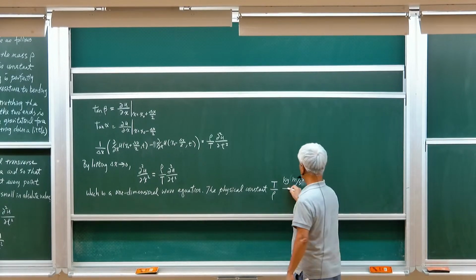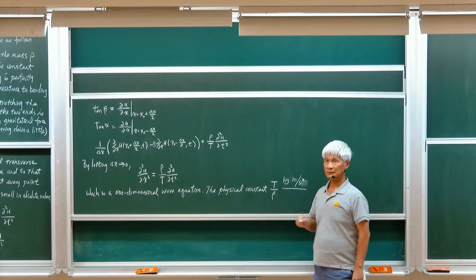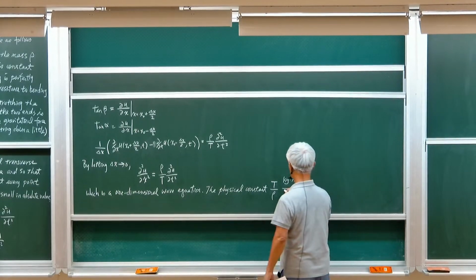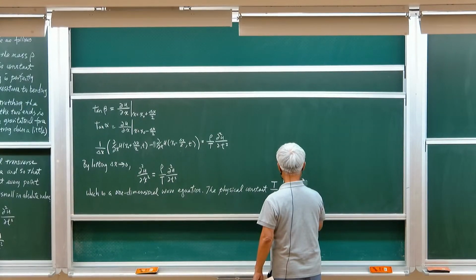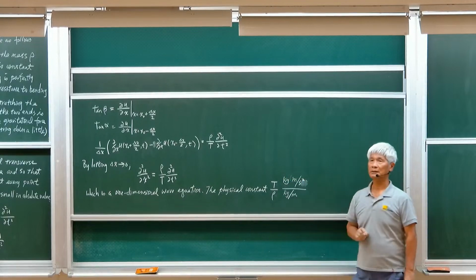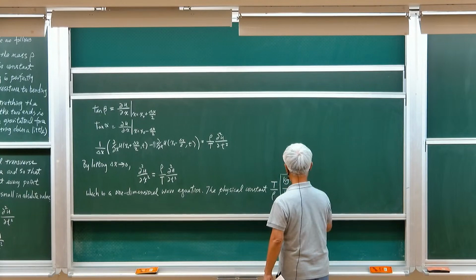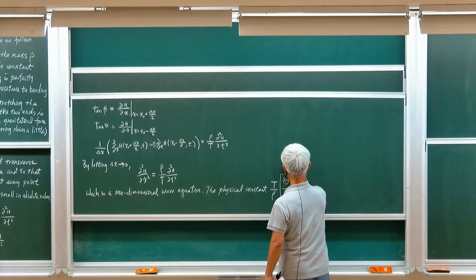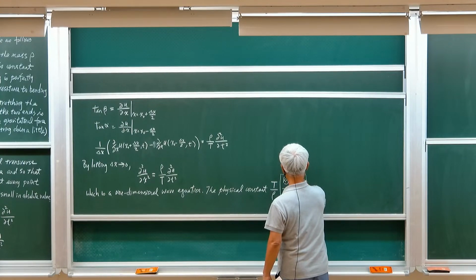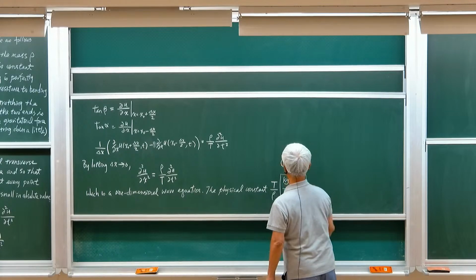And how about the mass density? Mass density is kg divided by m, right? So together, the unit is m square over second square.